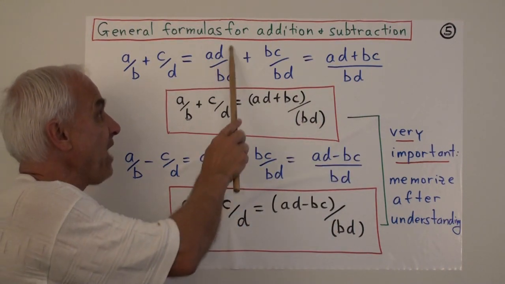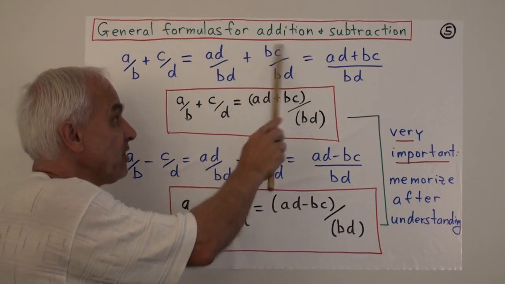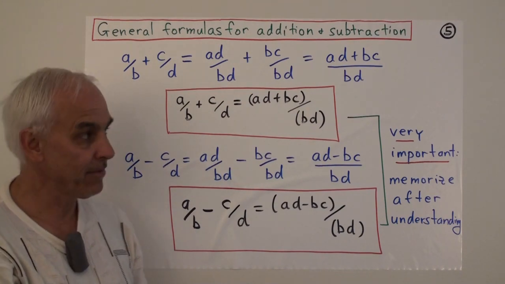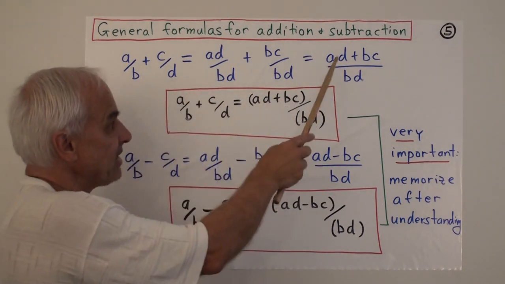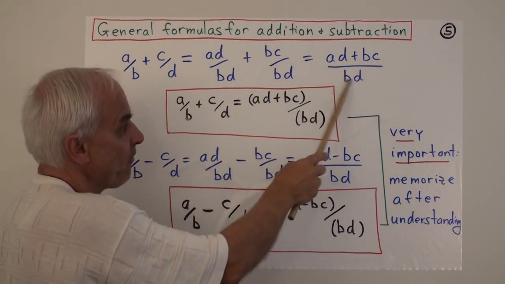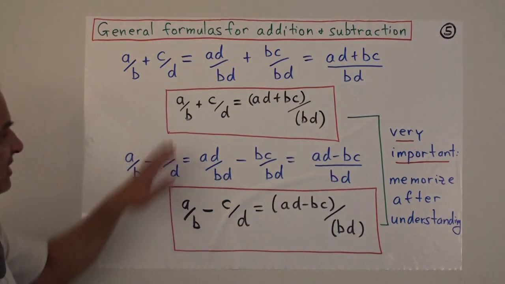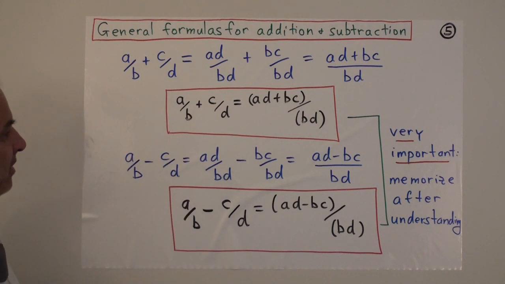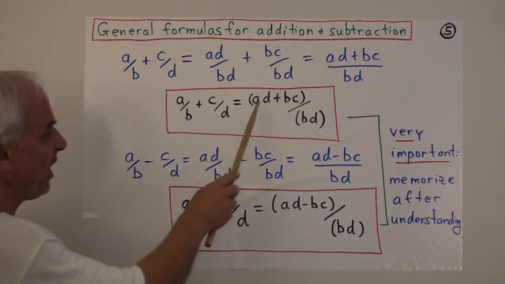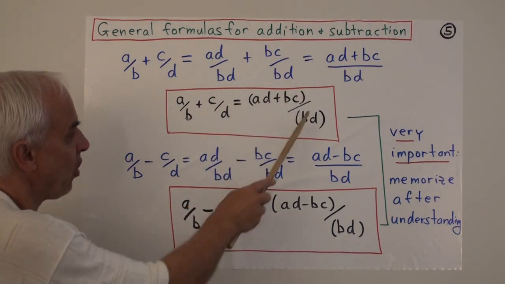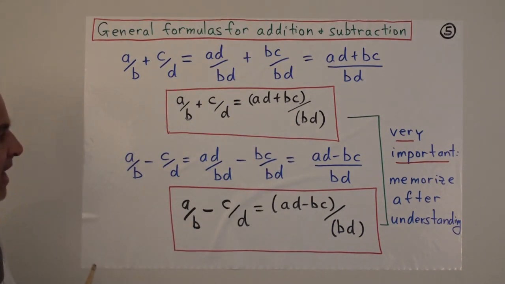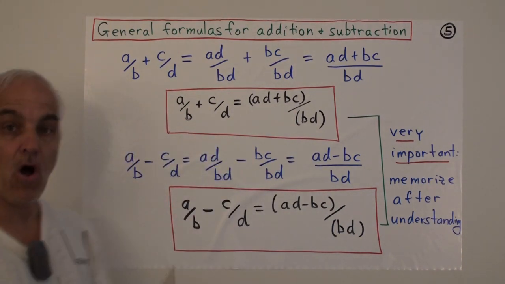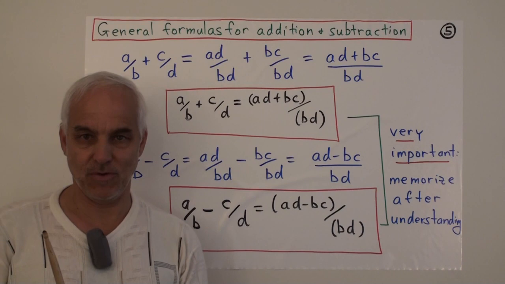And so we're just going to add this numerator to this numerator, whatever they are. And so we can write the result as AD plus BC over BD. And I've summarized that here for you. So A over B plus C over D equals AD plus BC over BD. That's a general rule that covers all cases of addition with fractions.